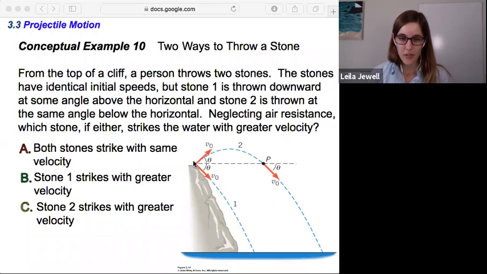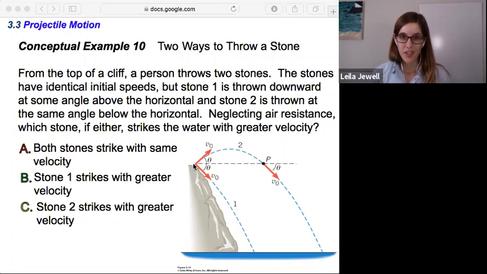All right, notice path 2, where it's thrown above the horizontal. The initial velocity creates this parabolic path, and at point P, because the horizontal velocity has stayed the same, and the vertical velocity has just inverted to be going down instead of up, point P has exactly the same velocity in the x and the y direction as it did for the initial case of stone 1.